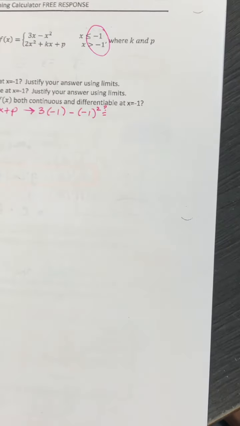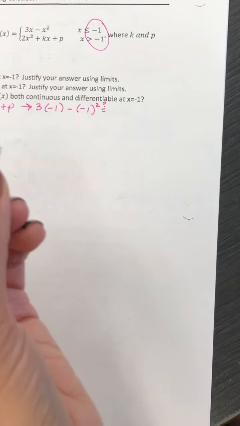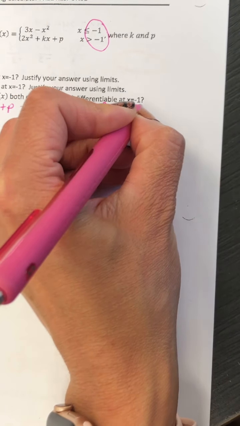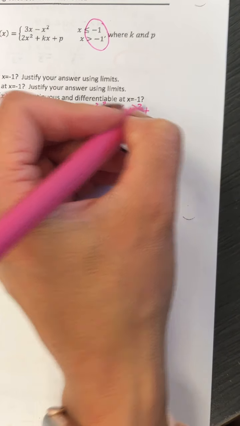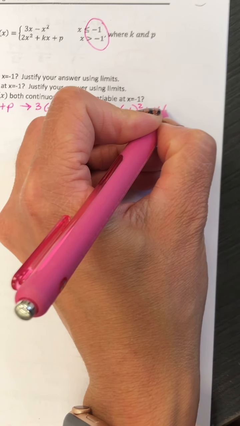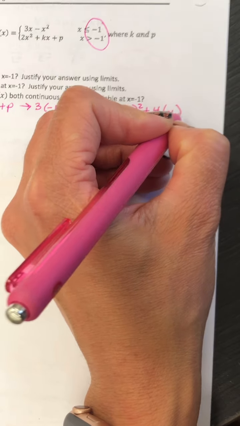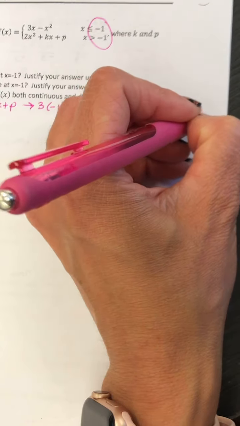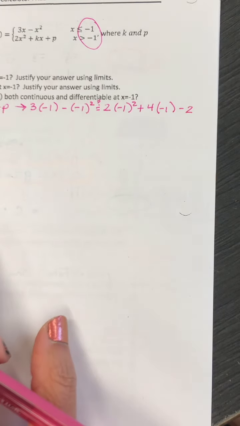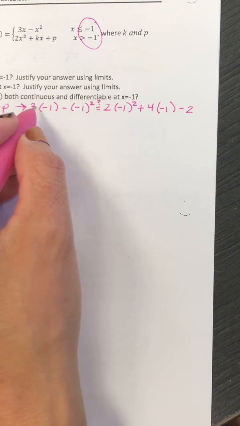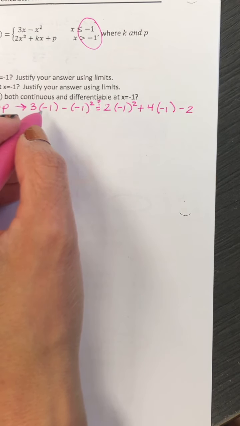Well, let me zoom in a little bit for you guys. 2 times -1 squared plus k is 4, so 4, and then x is -1, and then plus p, but p is -2, so it's going to be a -2. Okay, let's clean this up. So 3 times -1 is -3.